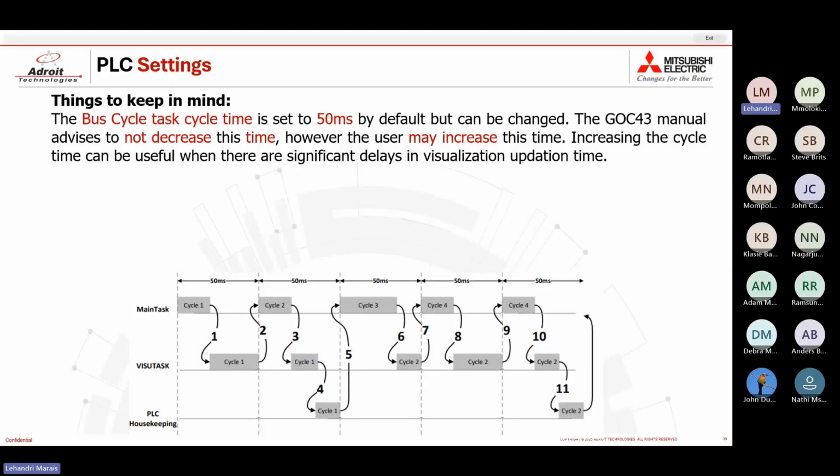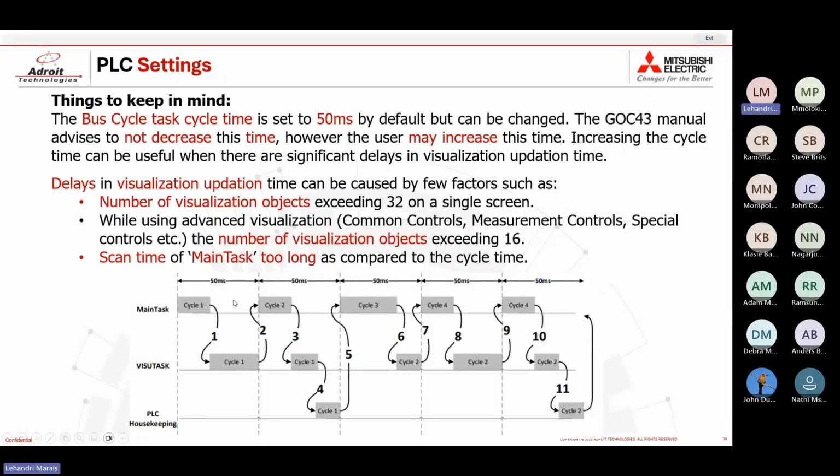Increasing the cycle time can sound counterintuitive, but there is a specific reason why this might be useful. This reason being the case where your visualization, or the updating of your visualizations, is delayed. Reasons why this might be the case include the number of visualization objects on a single screen, or the amount of advanced visualizations on a screen exceeding a certain number.